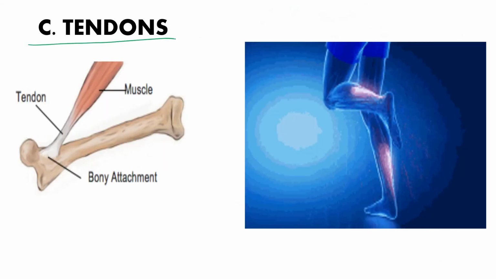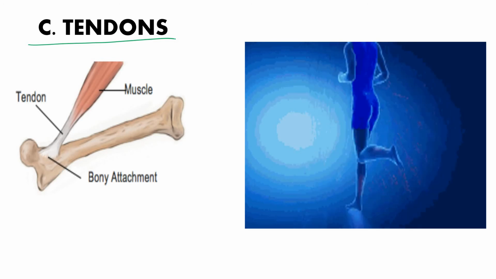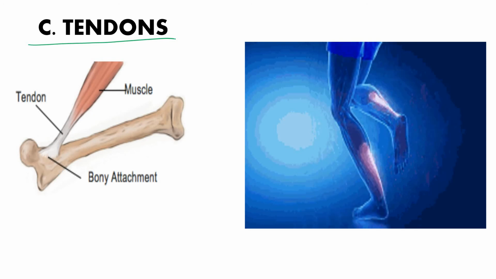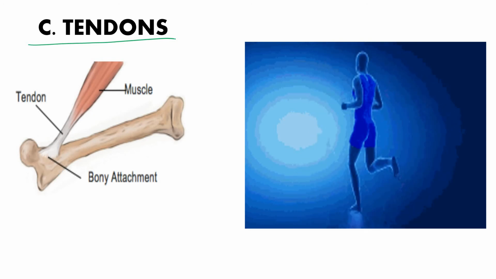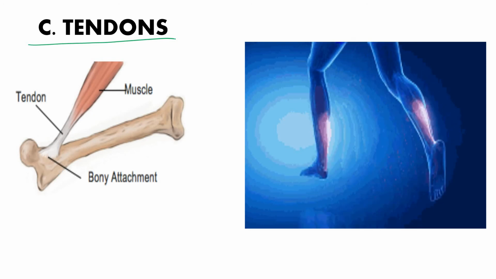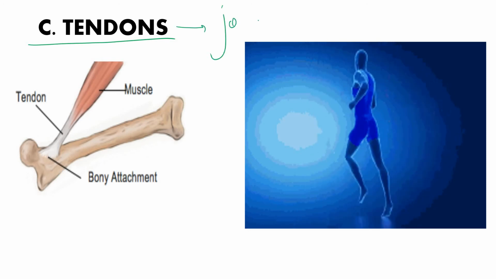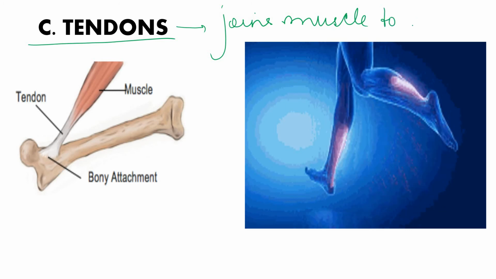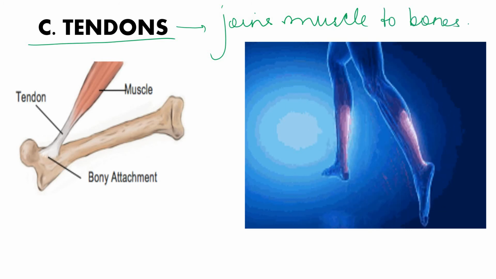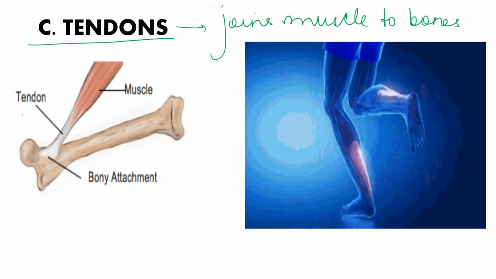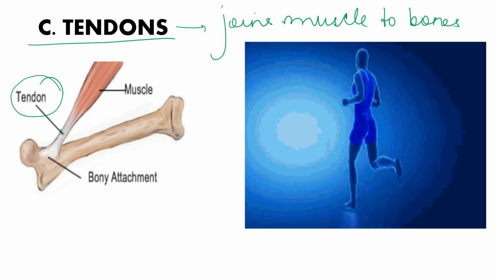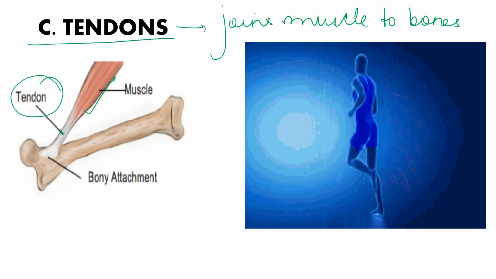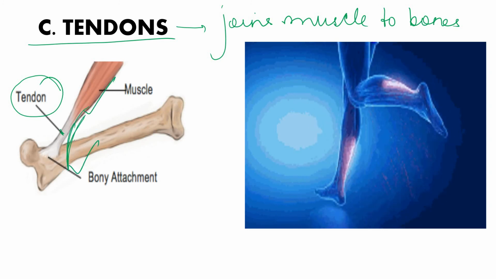The third division under fibrous tissue is the tendon. What are tendons? They are structures or tissues which join muscle to bones. Can you see? This part is the tendon, and it is joining the muscle to the bone.